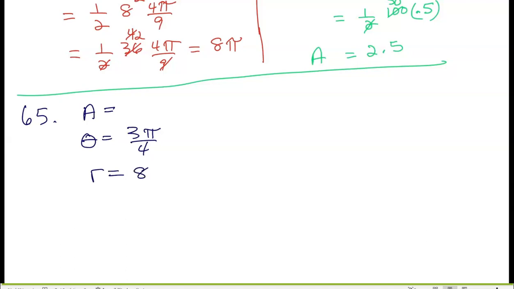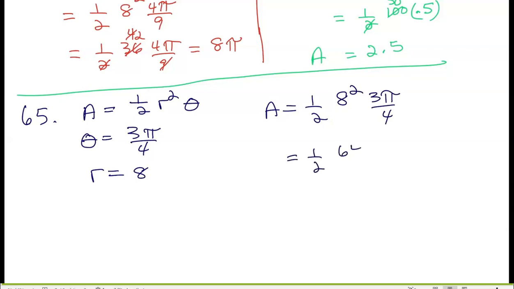So area equals 1/2 r squared times theta. So that's going to equal 1/2 r squared is going to be 8 squared, and theta is 3 pi over 4.